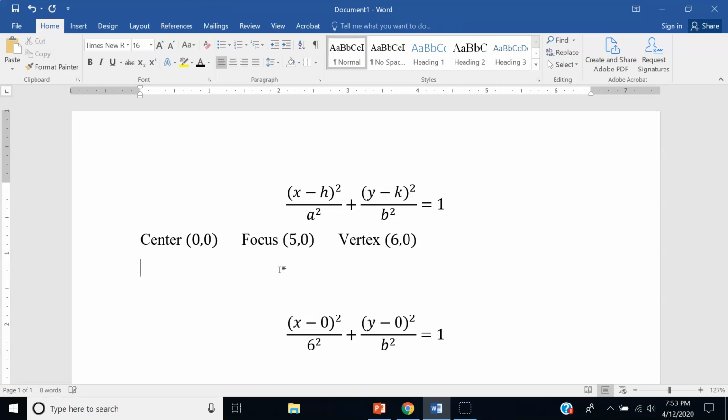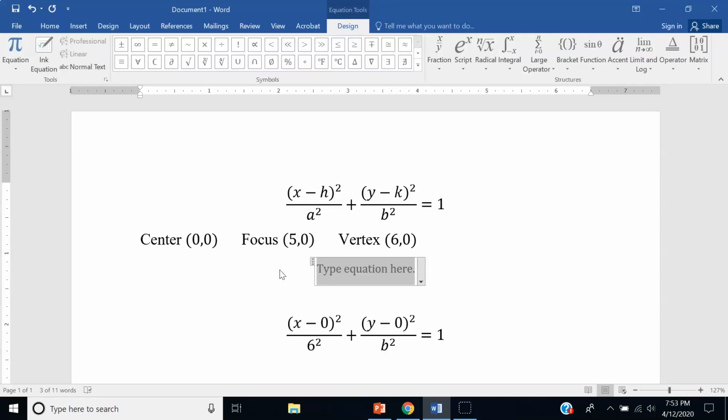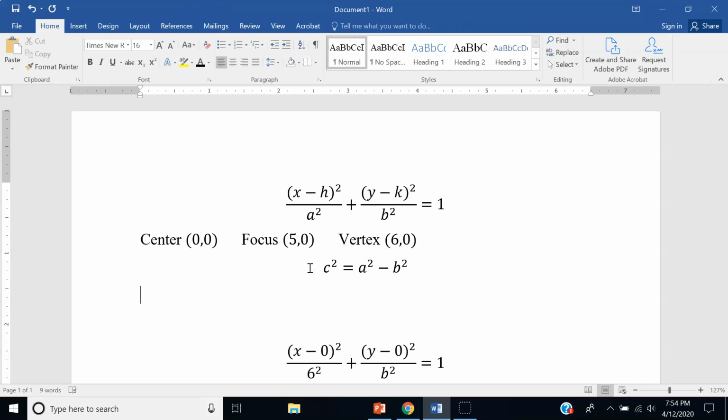Remember, our equation to find the C that we have to add or subtract to one of the values of the center is C squared equals A squared minus B squared, when we're dealing with ellipses. So in this case, I know the c is 5 because that's what I'm given.